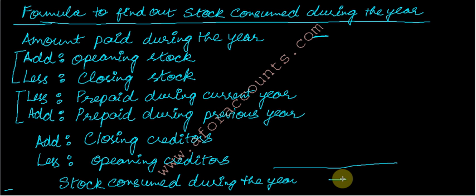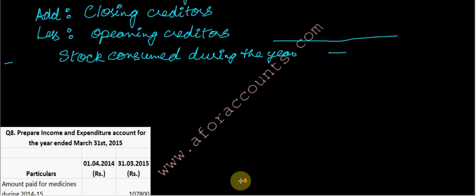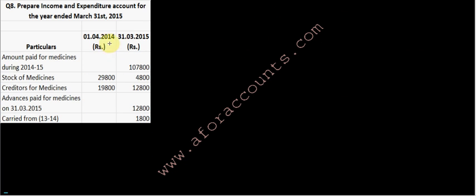Okay, let's try one question. Start with question number 8. Prepare income and expenditure account for the year ended 31st March 2015. I have some items related to 2014, the previous year, and some related to 2015, the current year.